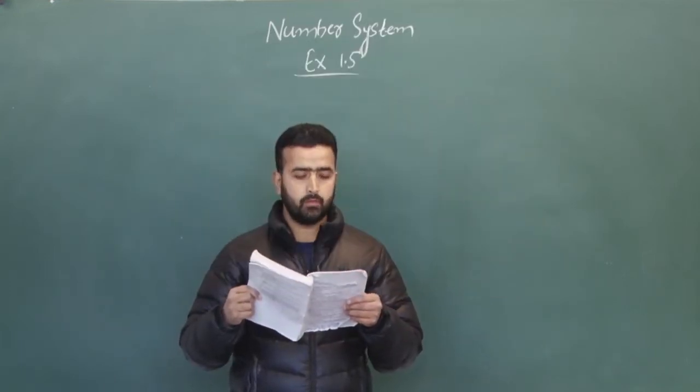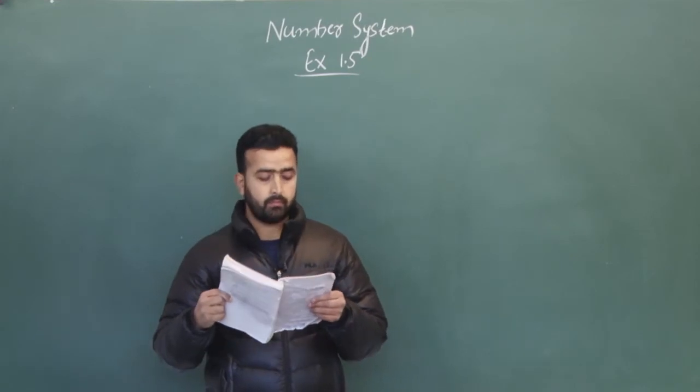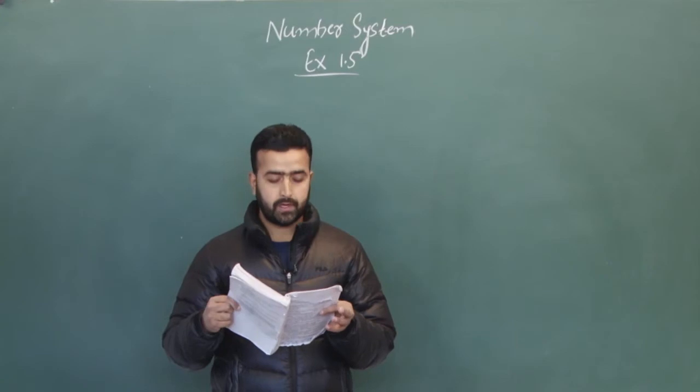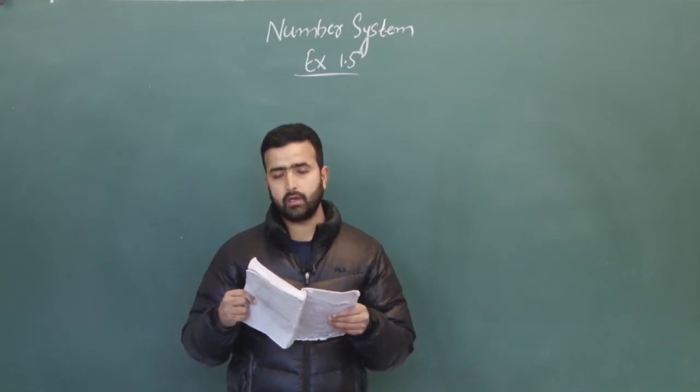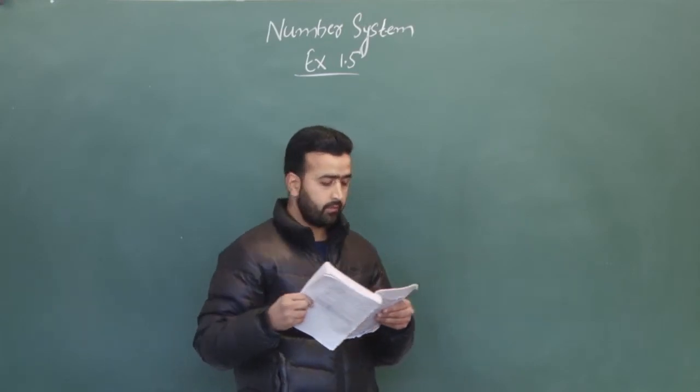Now we will take question number 2. The question is about simplifying each of the following expressions. A few expressions are given, and we have to simplify each of them.